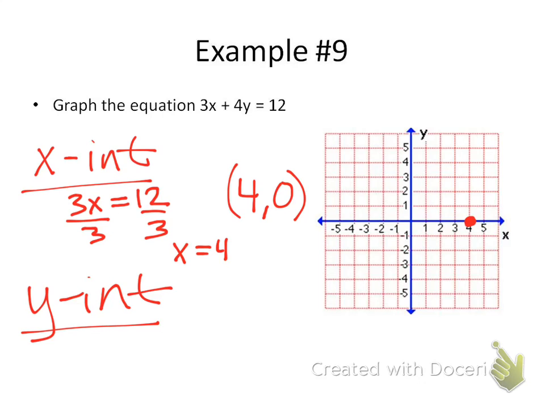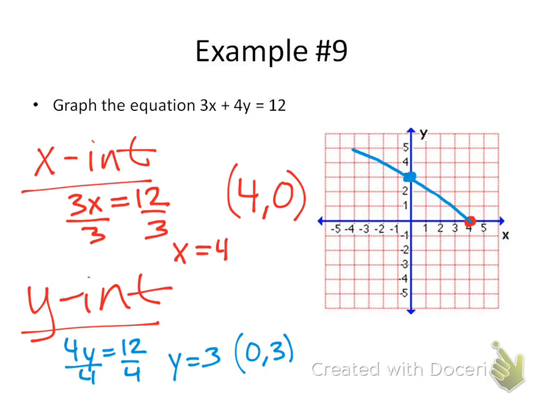So 3 times 0 is 0. So 4y equals 12. So my y-intercept here is going to be 3. So I also have a point at 0, 3. Once you have your intercepts, connect them with something super straight, and you're done.